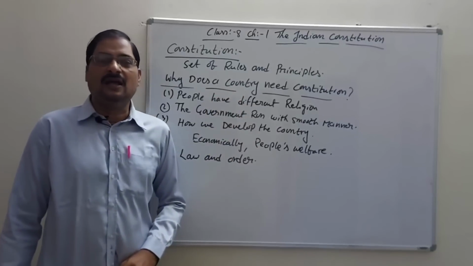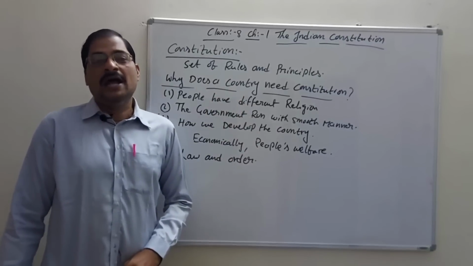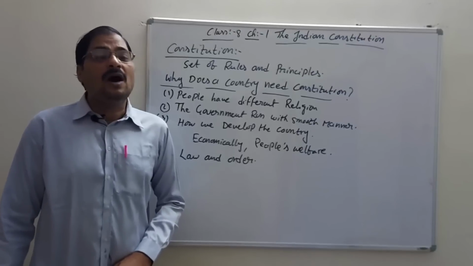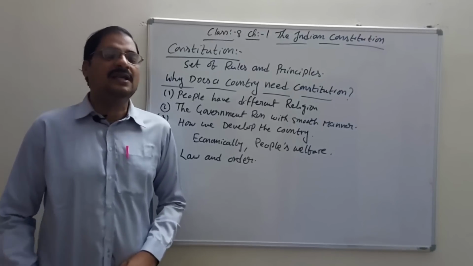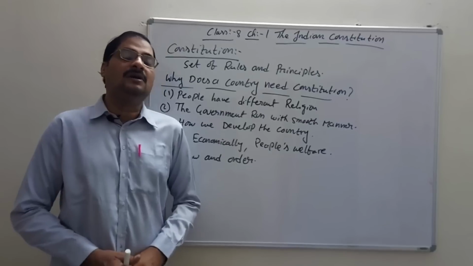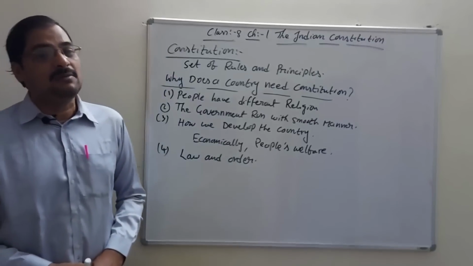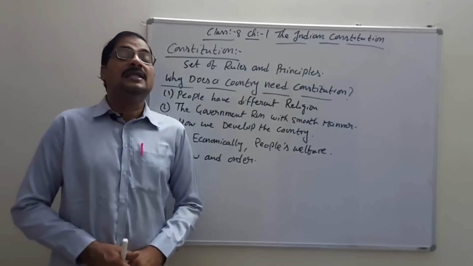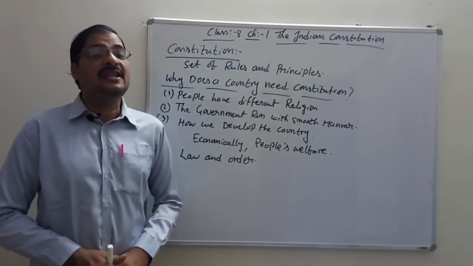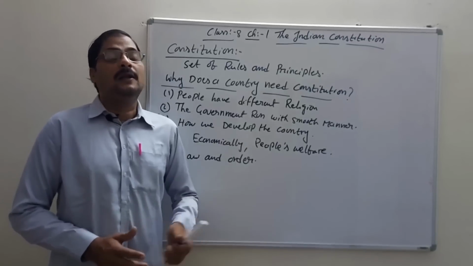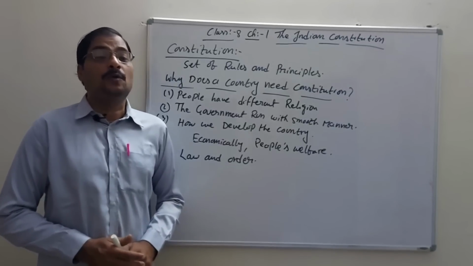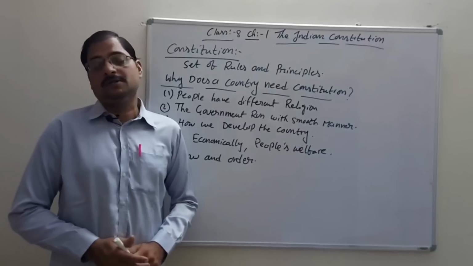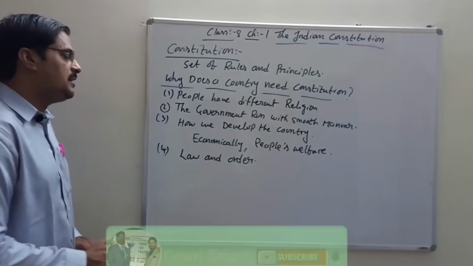That's why we need the Indian Constitution. And one more thing, people share their ideas because our country is a democratic country. That facility of sharing our ideas is provided by the Indian Constitution. So we need the Indian Constitution.